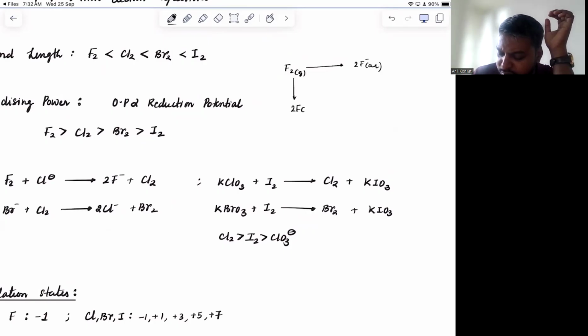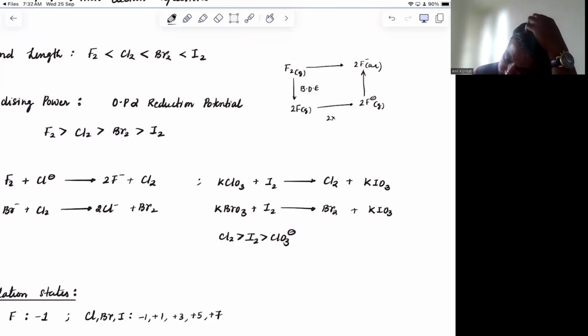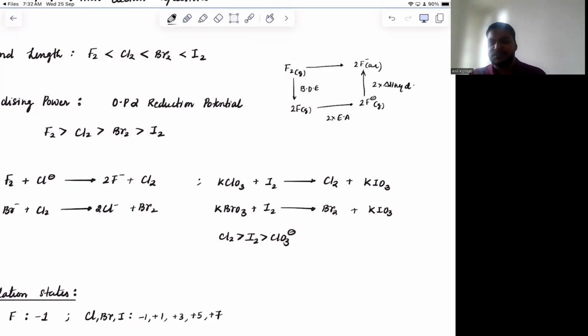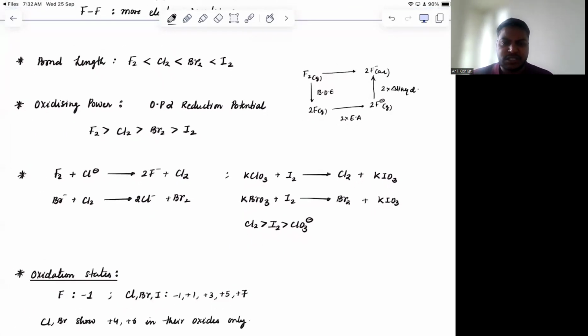First, it will go through 2F gas, then it will become 2F minus gas, and from here it will become this one. So here it is a bond dissociation energy, and here it is two times the electron affinity, and here it will be two times the delta H of hydration. So the sum of these three factors will decide whether it will act like a good oxidizing agent or not.